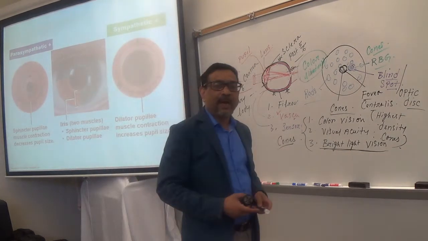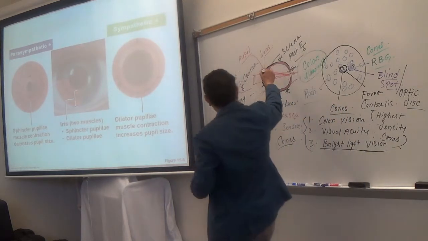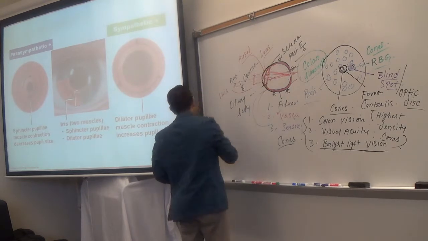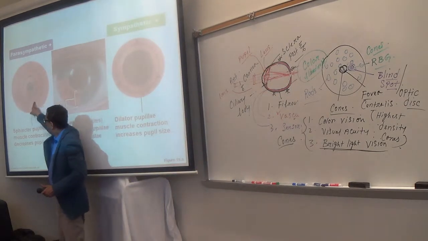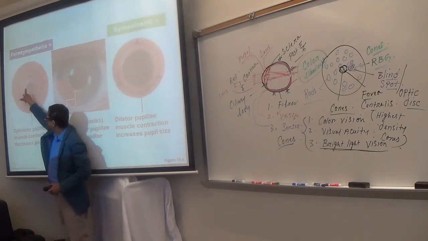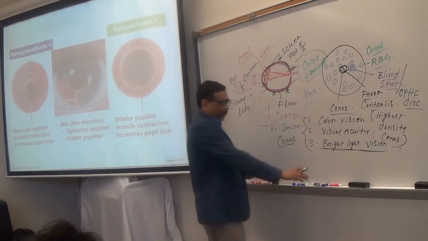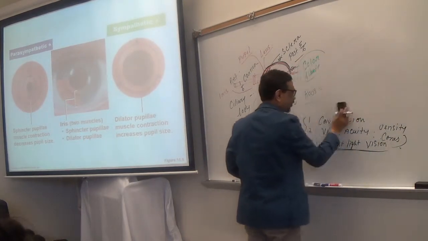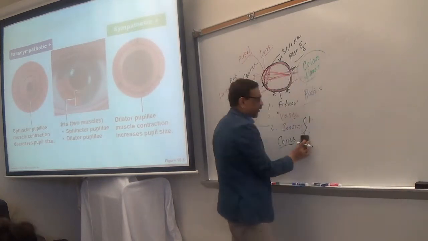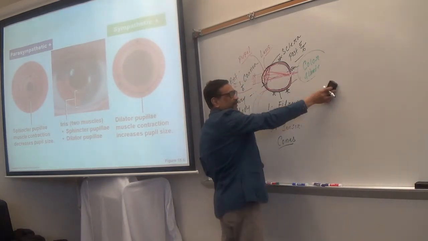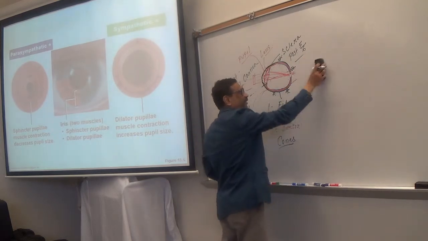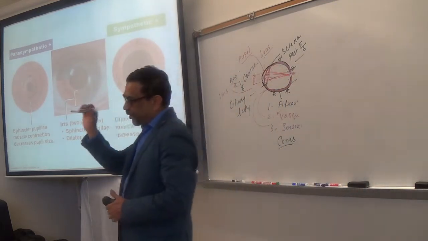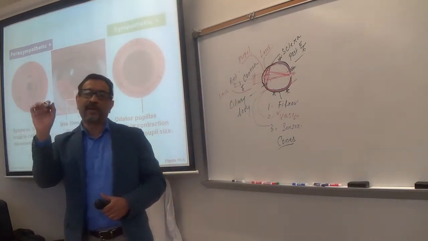Now we'll talk about the iris. The iris has a hole inside, and that's called the pupil. You already know. So this is the iris, and this is the pupil. The iris is a muscular structure, and remember, the color of your eye is given by the iris, because the iris has pigments, and the color of the pigment gives the color of your eye.